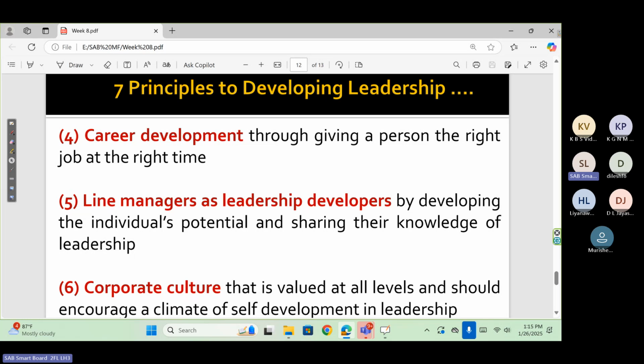Successful planning, onboarding, talent management practices, human capital management practices should have been introduced.